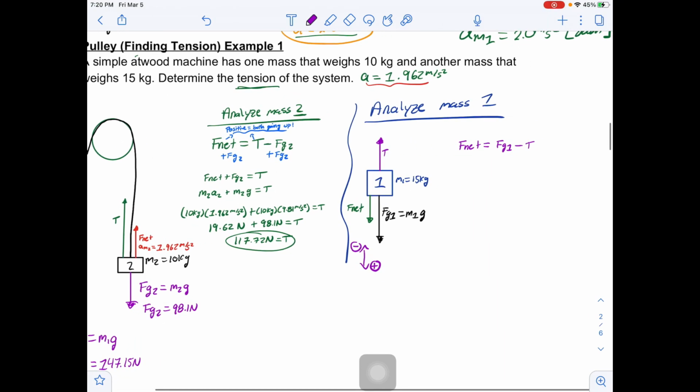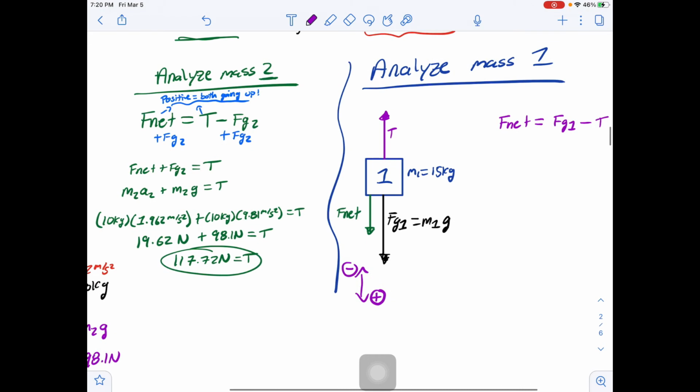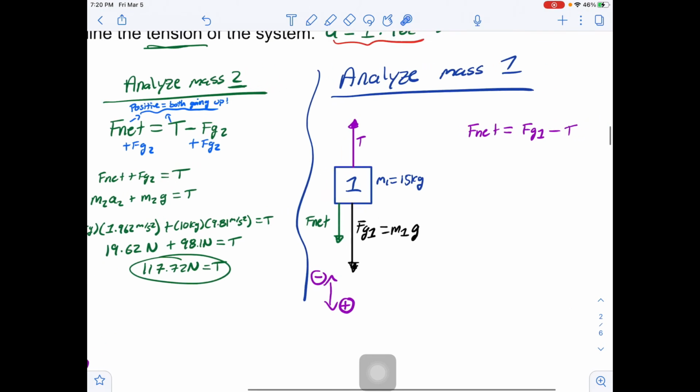Now, check out how this compares to our other analysis of mass 2. Mass 2 was tension minus force of gravity of 2, whereas here we have force of gravity of 1 minus tension. So let's see what happens when we solve for tension here.